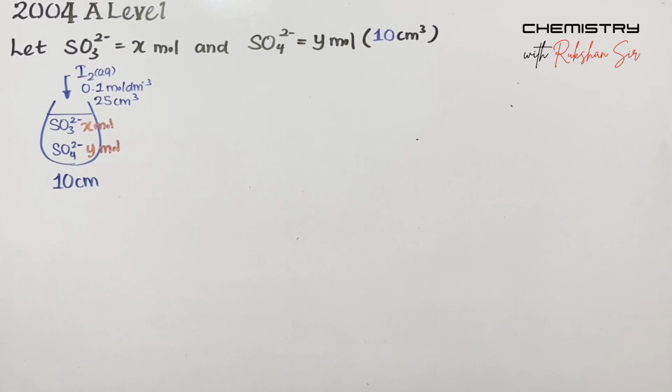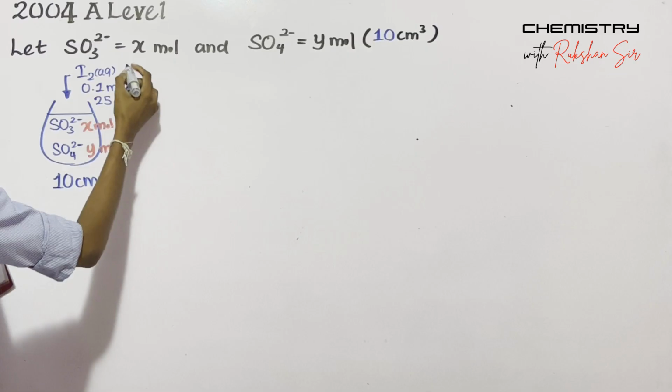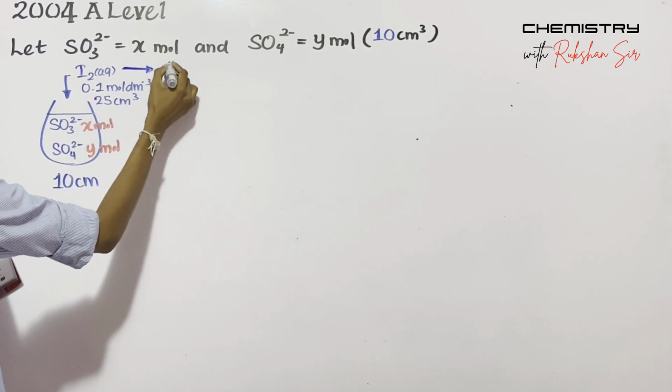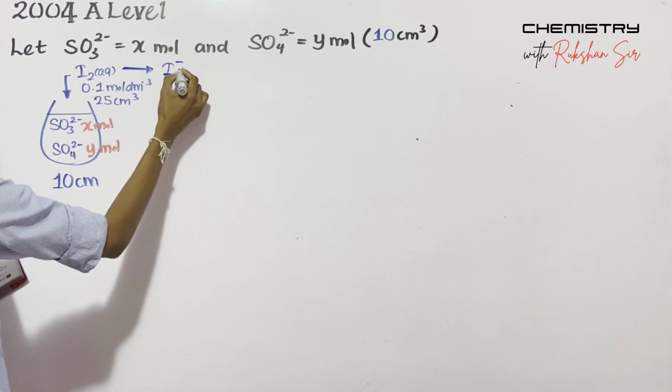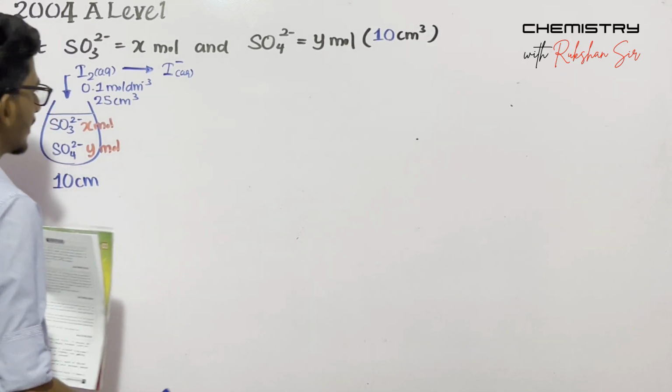Then what are the reactions possible? First of all, what are the reactions possible here? Basically, for I2, the only possibility is to come up as I minus. So I2 and I minus are the forms available for iodine as products.